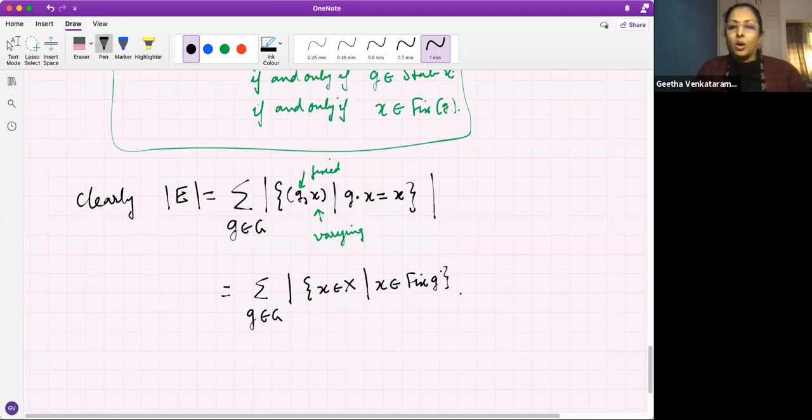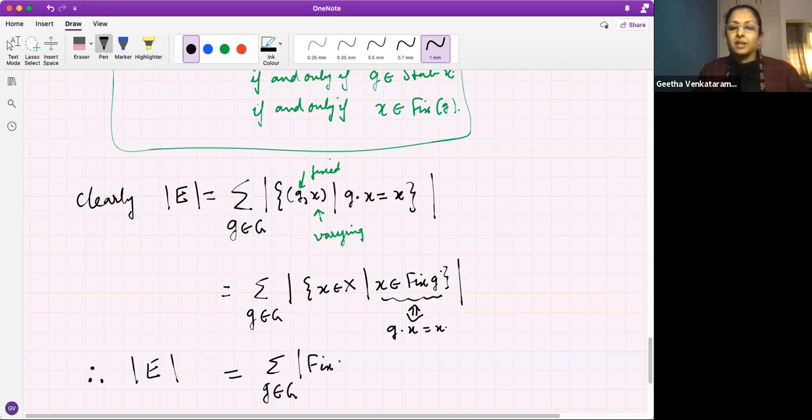That's precisely the number of choices of x that I have satisfying g dot x equals x, and that's what I've written. x belonging to fix g is the same as writing that g dot x is x. Okay. So this is simply nothing but the order of fix g. Therefore, order of E is nothing but sigma g belonging to G, order of fix g.